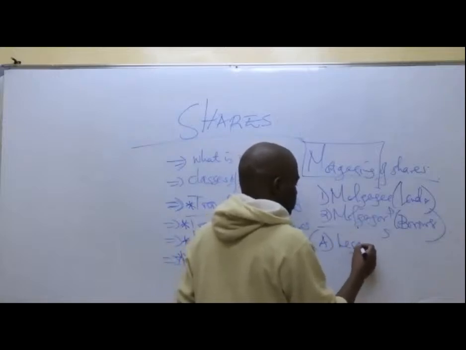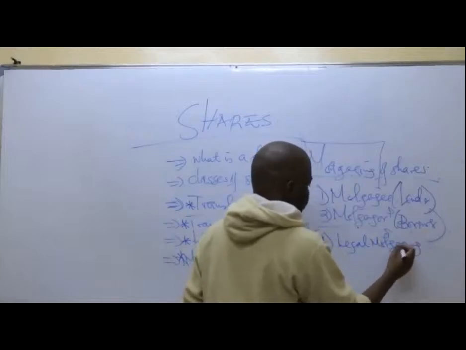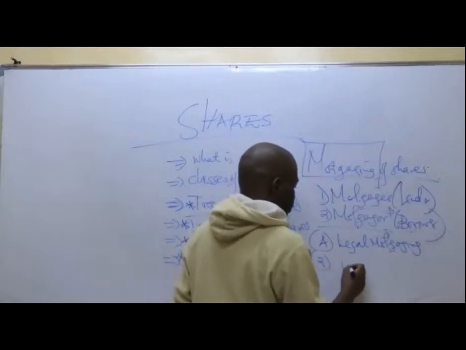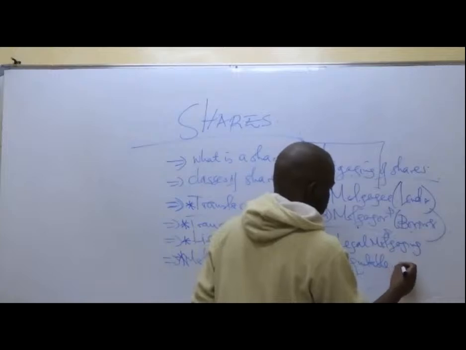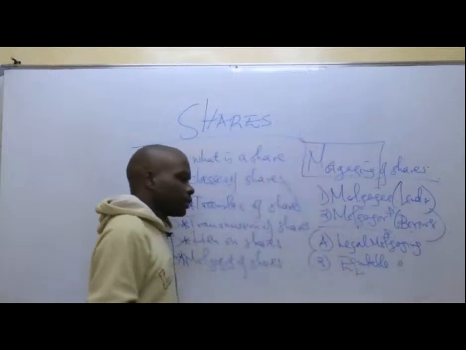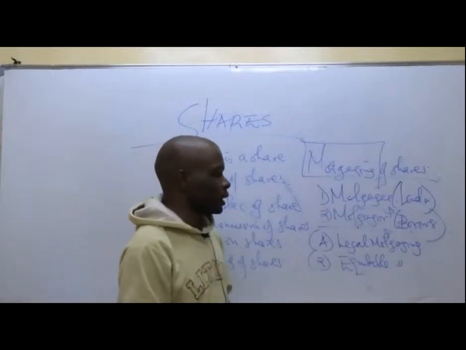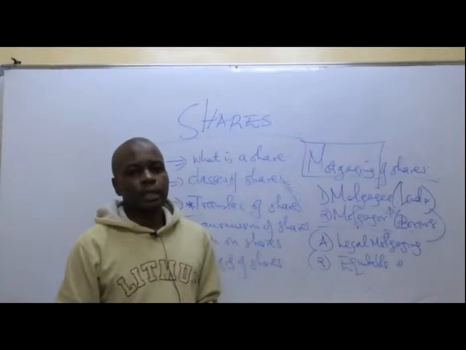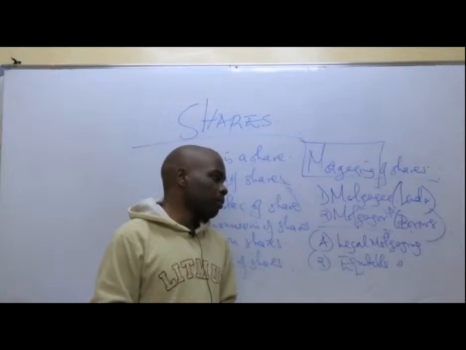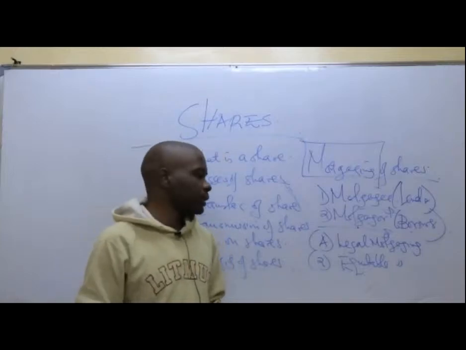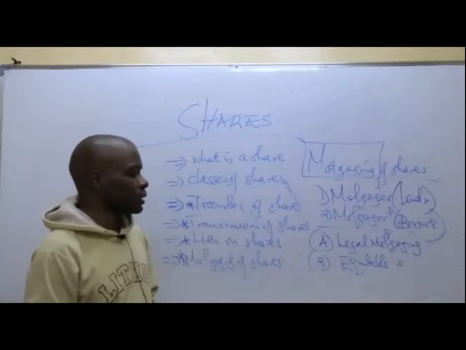The first way, we call it legal mortgaging of shares. Number two, we call it equitable mortgaging of shares. When you talk about legal mortgaging of shares, this is where a borrower deposits with the register of companies a blank share transfer form, plus the share certificates of the shares that he has in the company.